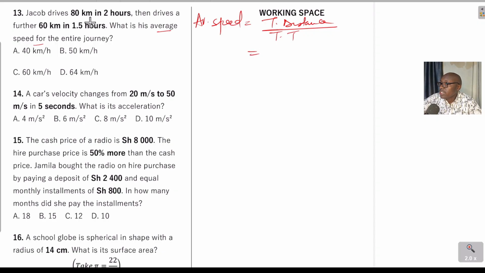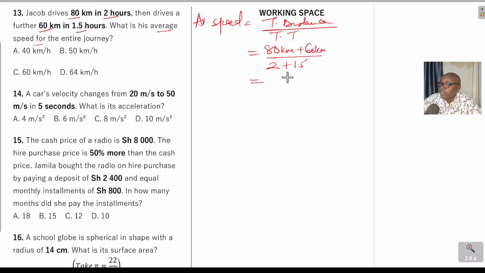So the total distance will be 80 kilometers plus 60 kilometers. And then total time taken, we have 2 hours and 1.5 hours, so 2 plus 1.5 hours.